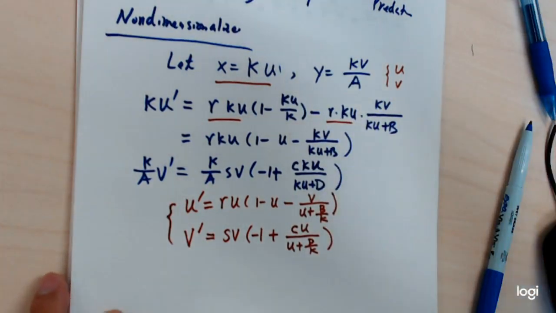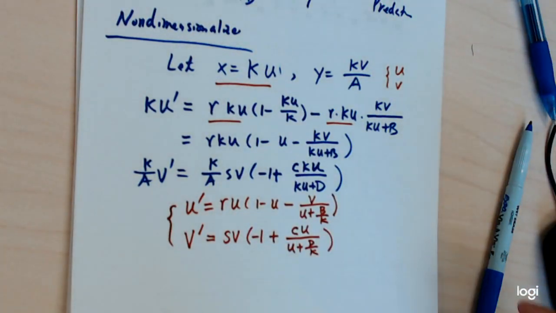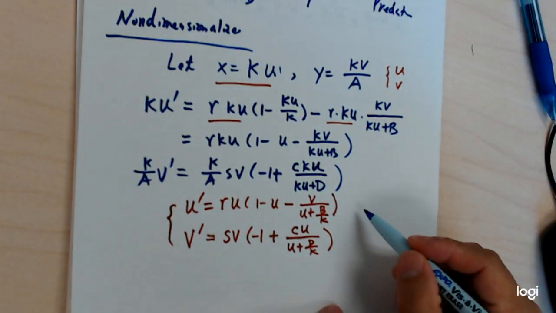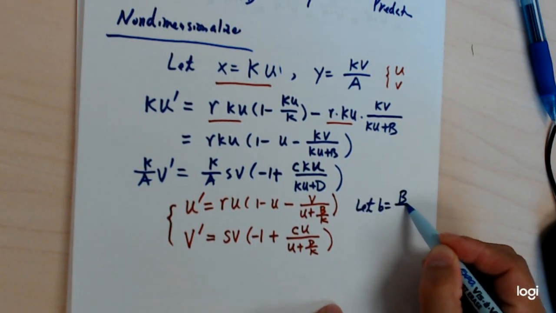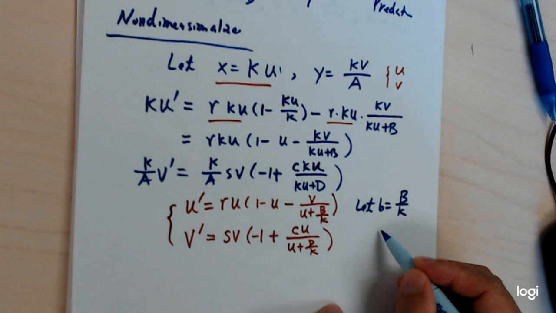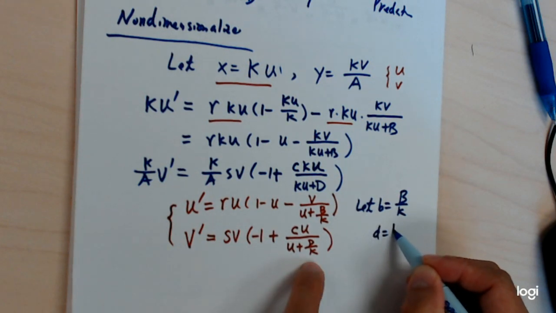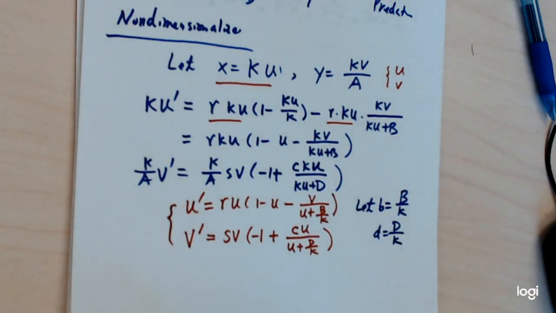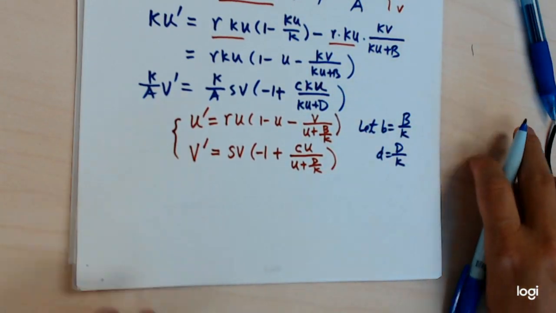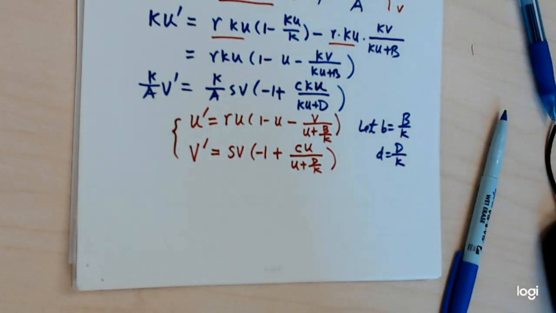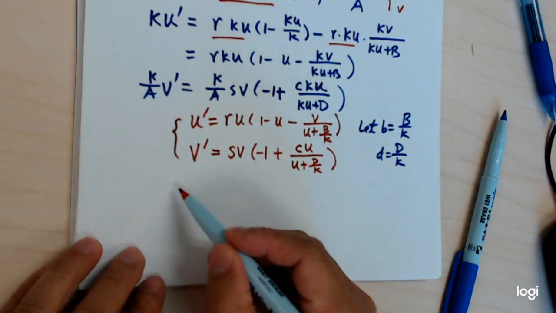To further reduce the amount of parameters, we let b be b over k, and d be this factor down here. And this gives us a much simpler system, and that looks like this.